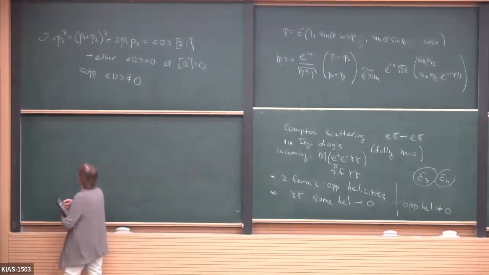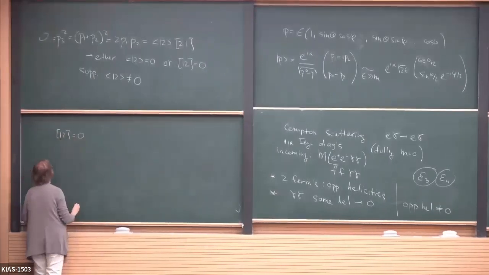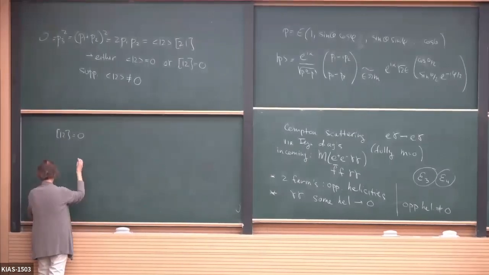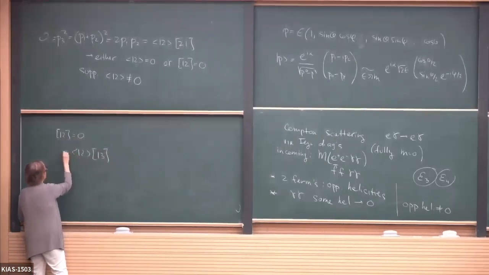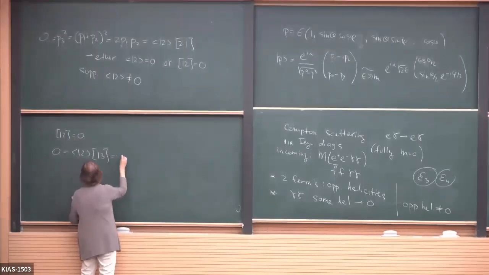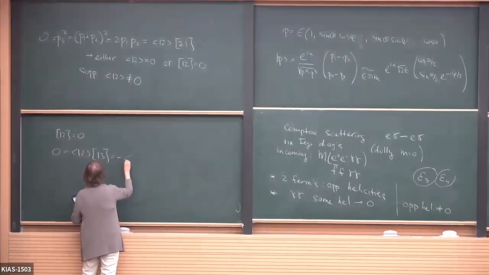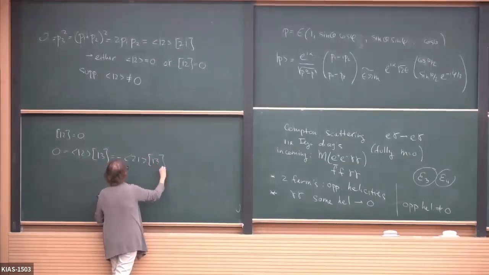So at this point, we have ⟨1 2⟩ equals 0. But I can also look at 2 times ⟨1 3⟩. We said ⟨1 2⟩ is 0, so this is 0. But this one I can write as minus ⟨2 1 3⟩.